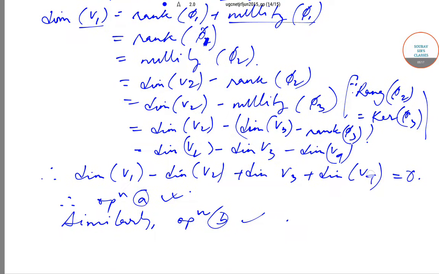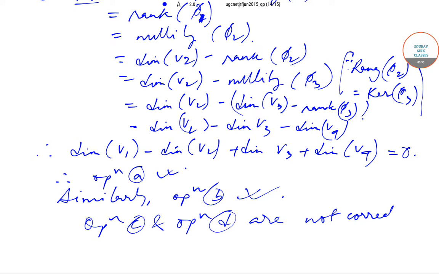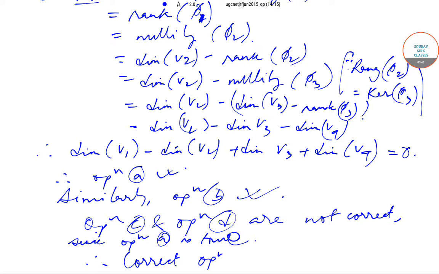Option C and option D are not correct since option A is true. So therefore the correct options are option A and option B.